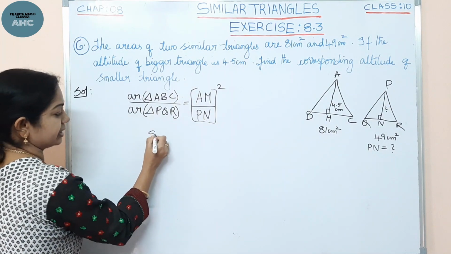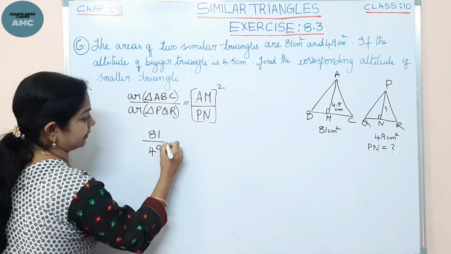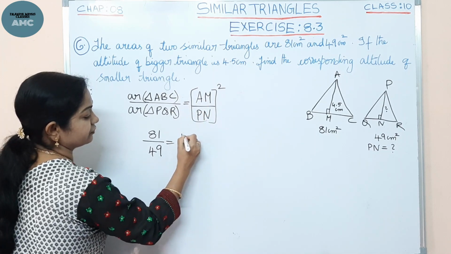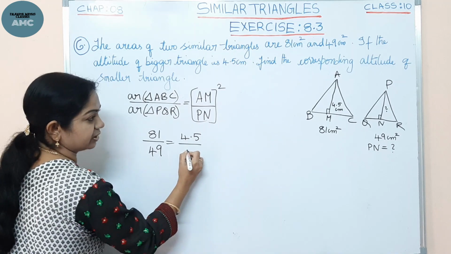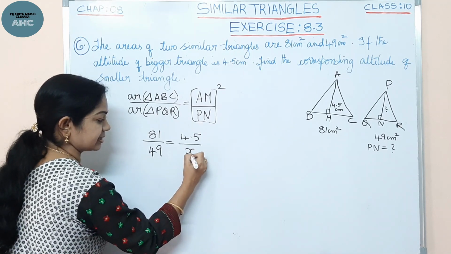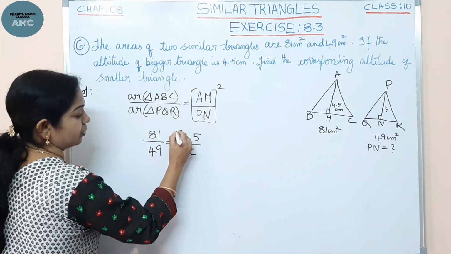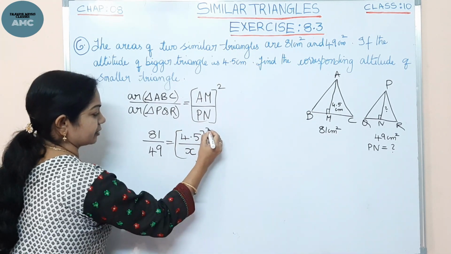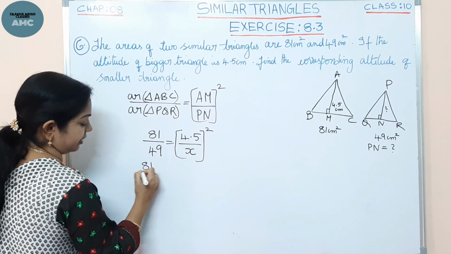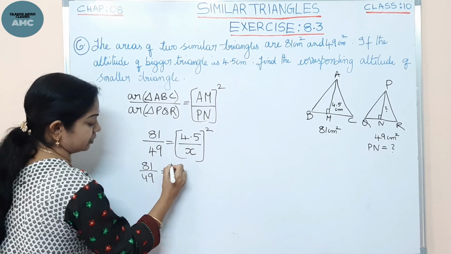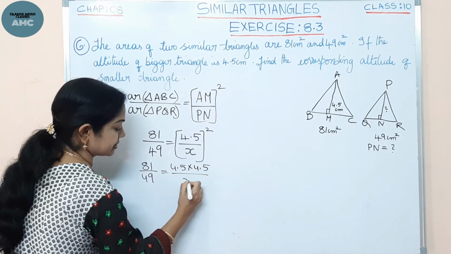Now the area is 81 here and the next area is 49 here. AM value is given 4.5 divided by PN value, which is not given. So let us suppose it as x. Or you can also keep it as PN only. Okay, whole square here. So now 81 by 49 is equal to 4.5 into 4.5 by x square.